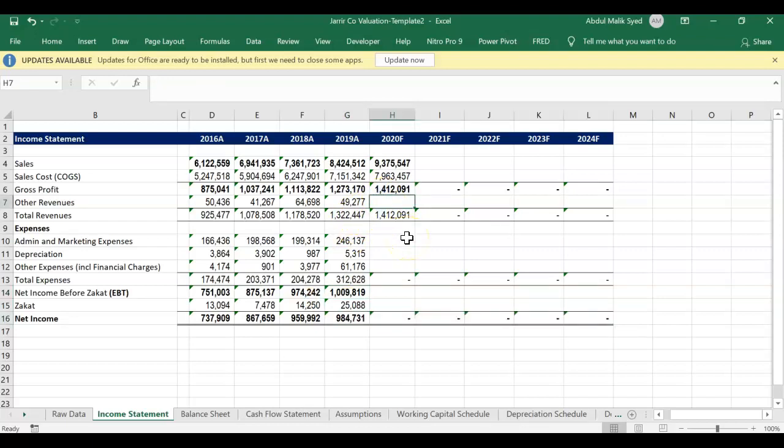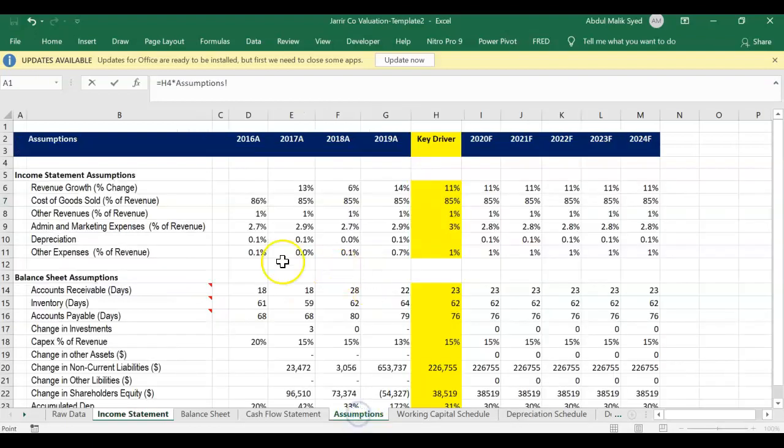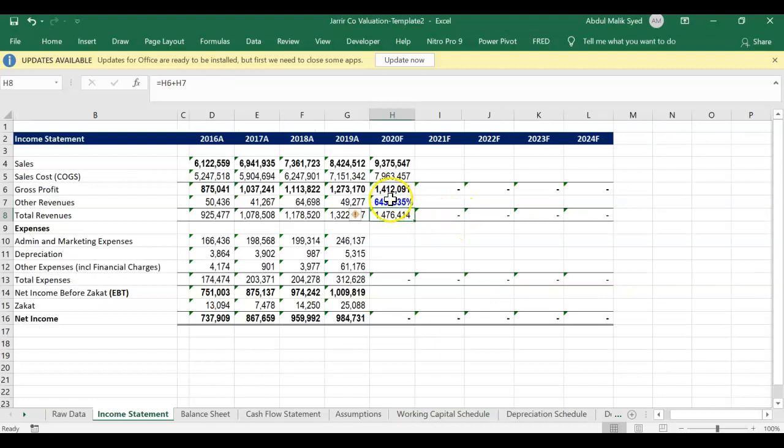Okay, now other revenues is equal to this times assumptions. You can take is equal to this times, no, sorry, is equal to revenue times assumptions.